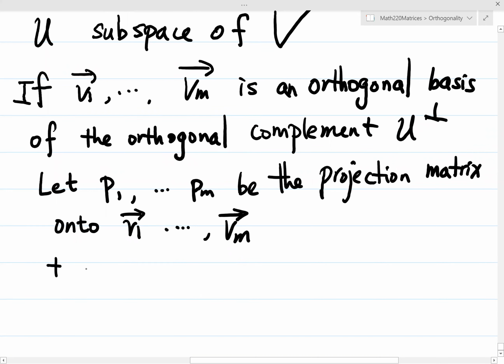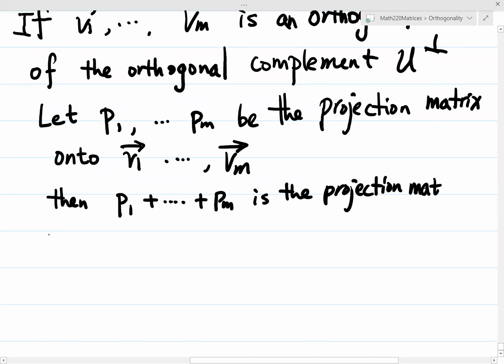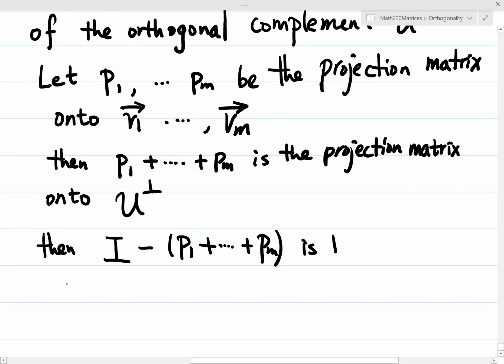Then P1 plus through plus Pm is the projection matrix onto the orthogonal complement of U. Then we use the identity, the right dimension identity, minus P1 plus through plus Pm, and that is the projection onto the subspace U.